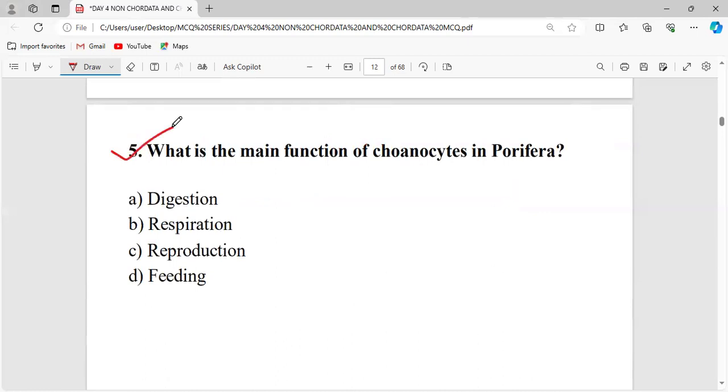What is the main function of choanocytes in porifera? And in which layer are these choanocytes present, whether the inner layer or the outer layer?